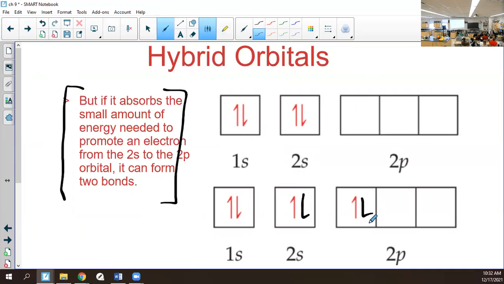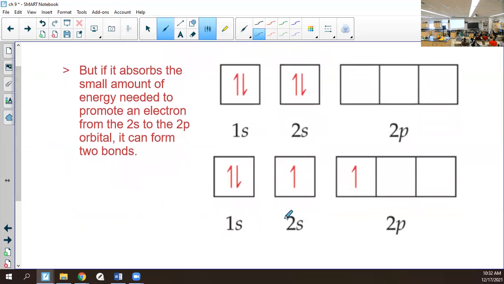You okay with that? When we do this, we call it a hybrid orbital because we mix it. We've now mixed an S and one of the P's. It happens all over the place.